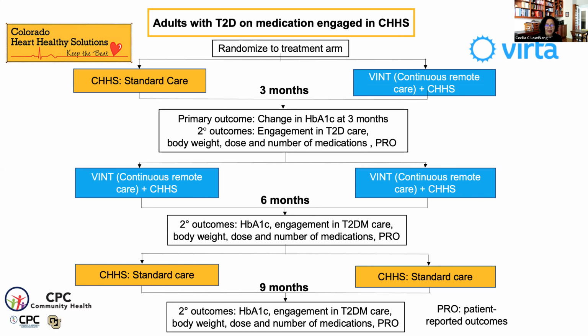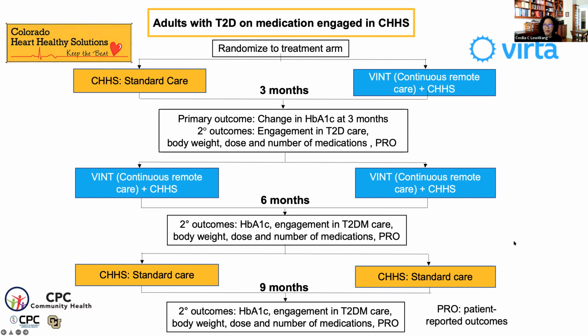And then for the last 3 months, everyone goes off Virta and is back in CHHS, the care that they're receiving without Virta. Then we relook at these endpoints at 9 months.